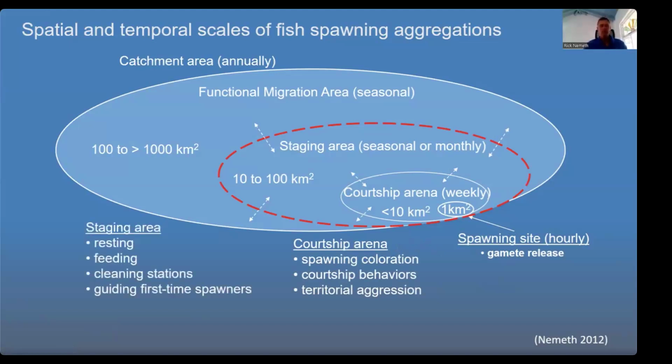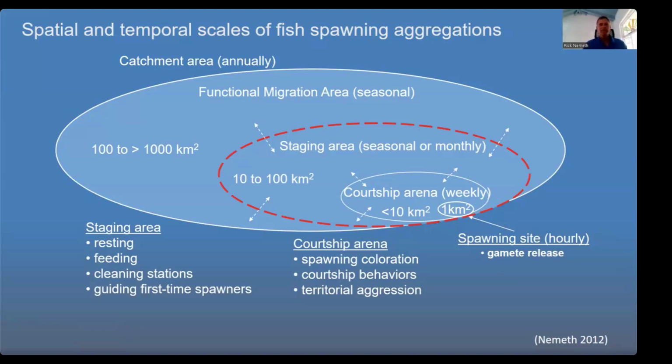The staging area shown in red varies from 10 to 100 kilometers squared and is occupied daily by some species during the spawning season, and is used for feeding, resting, occupying cleaning stations, and also important for guiding first-time naive spawners to the spawning site. I've highlighted the staging area in red because I believe it's the most important area for defining boundaries of fishery protected areas.